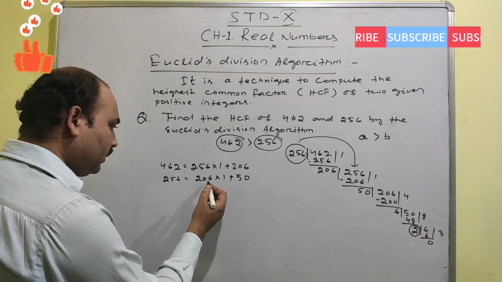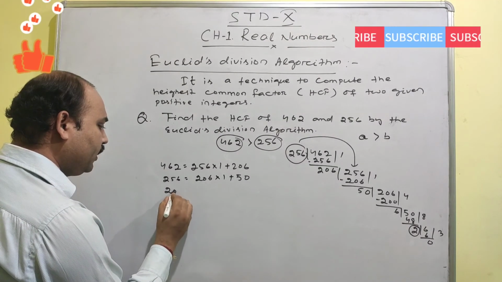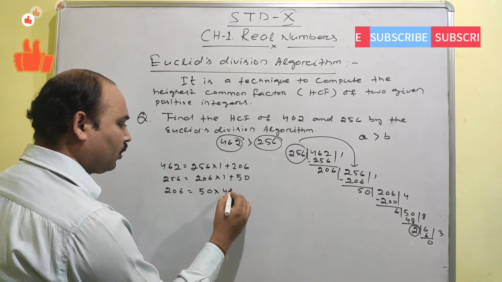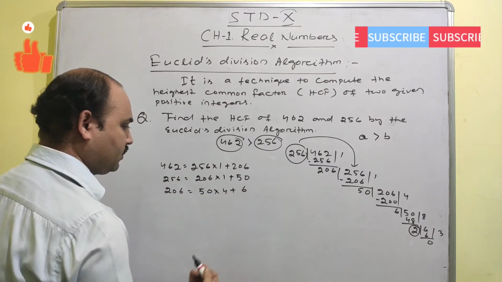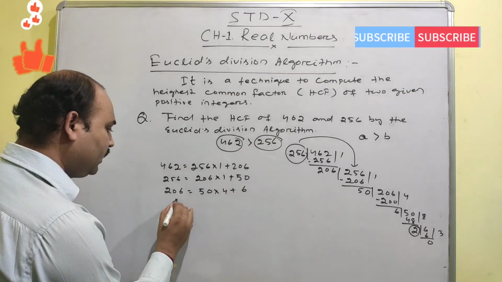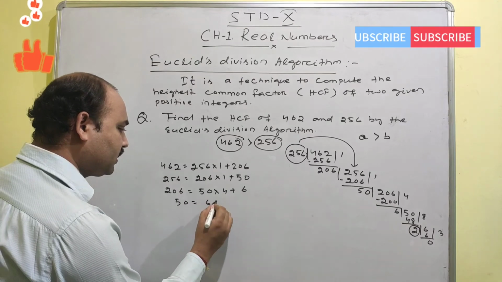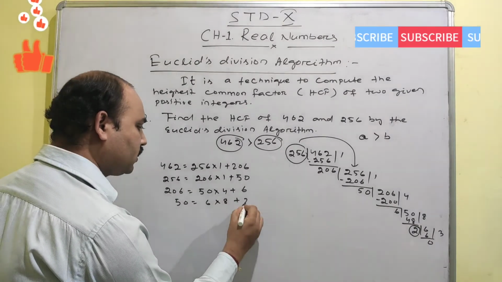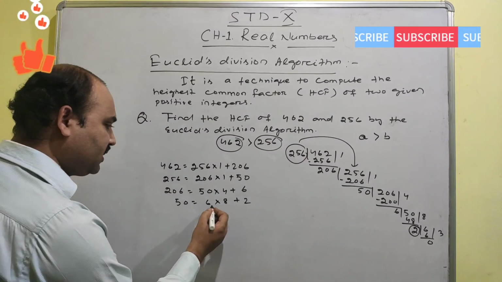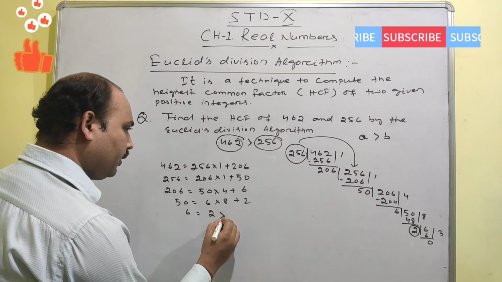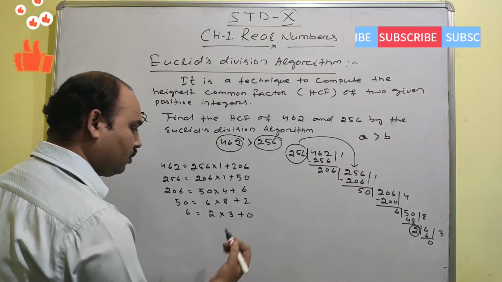Then 206 equals 50 into 4 plus 6. Then 50 equals 6 into 8 plus 2. Now 6 equals 2 into 3 plus 0.